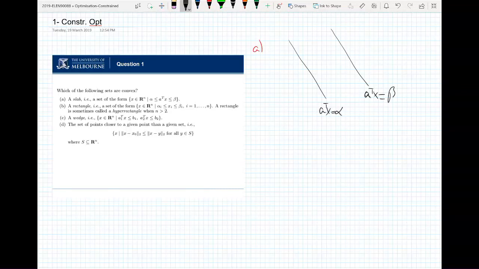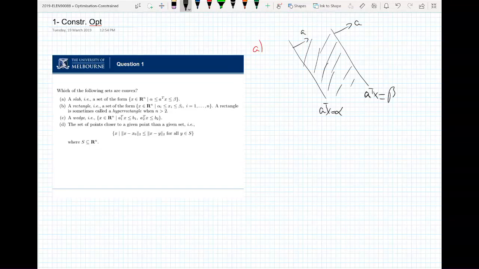Why are they parallel? Because they have the same normal vector, right? A is the same; this is A, this is A. You can put the normal vector anywhere you like. One of them says it is less than or equal to beta, so that would be this side. The other says A transpose x is greater than or equal to alpha, so that would be this side.